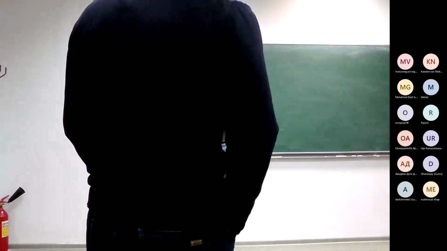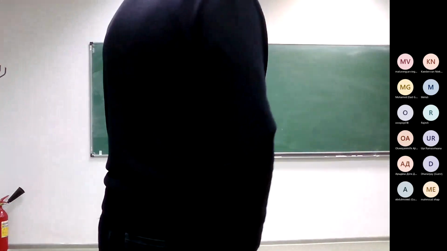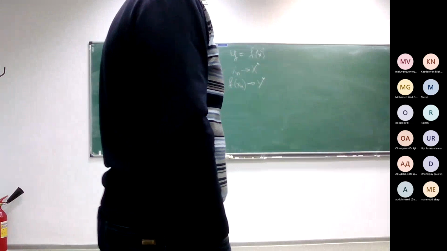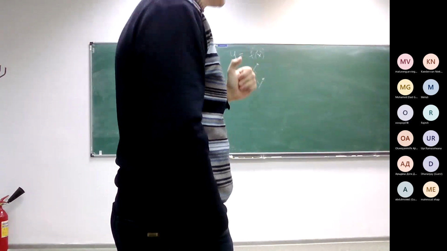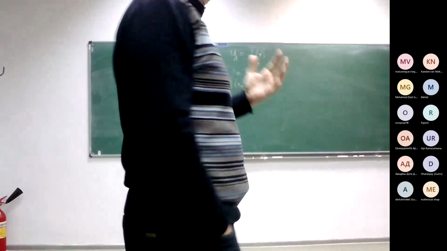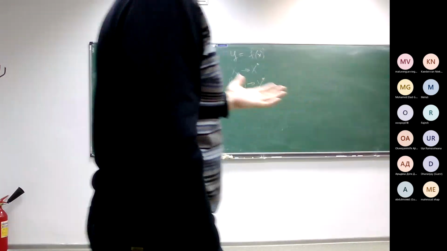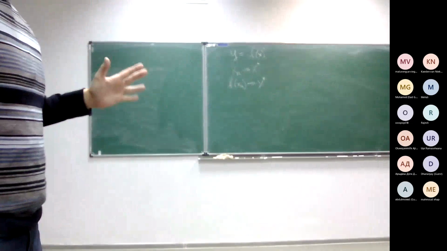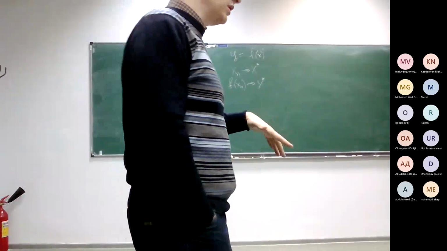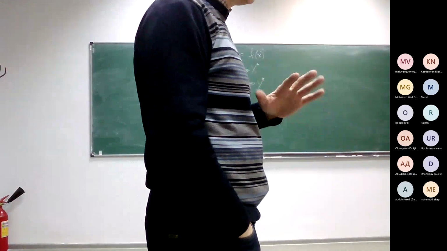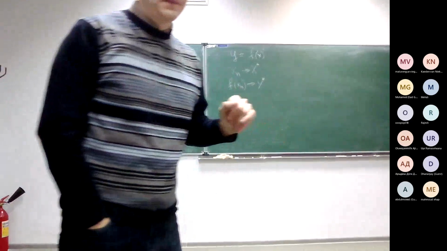Using this notion of limit, we can try to answer the next question. What function is called continuous? Because continuity of a function is a very important property, and we will use it very often.